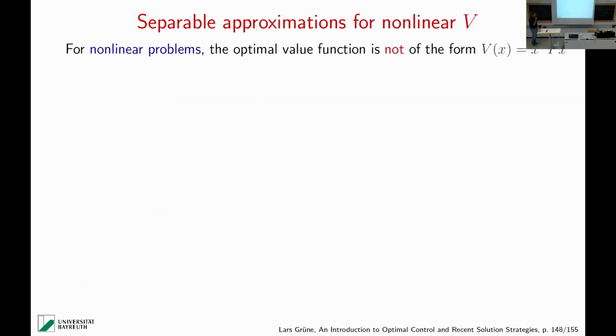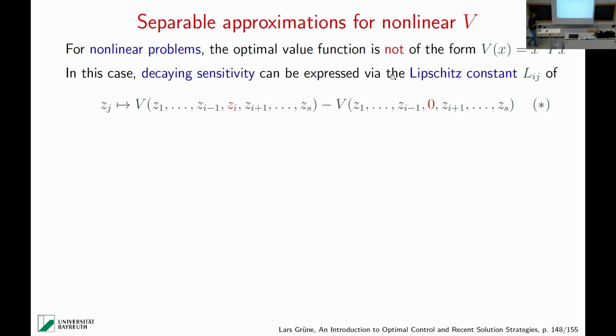Okay. Now, the last theoretical slide before I show a couple of final examples. For nonlinear problems, the optimal value function is, of course, not quadratic. So the question is, what do we do then? What is the right condition for the optimal value function so that this still works? You look at this difference again, and you look at the Lipschitz constant of this map that J maps to this difference.